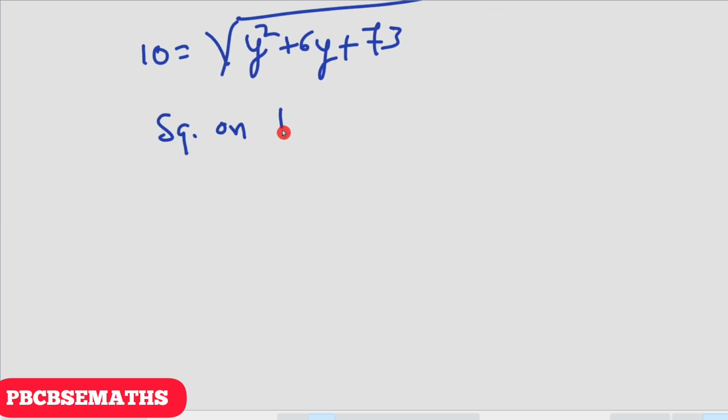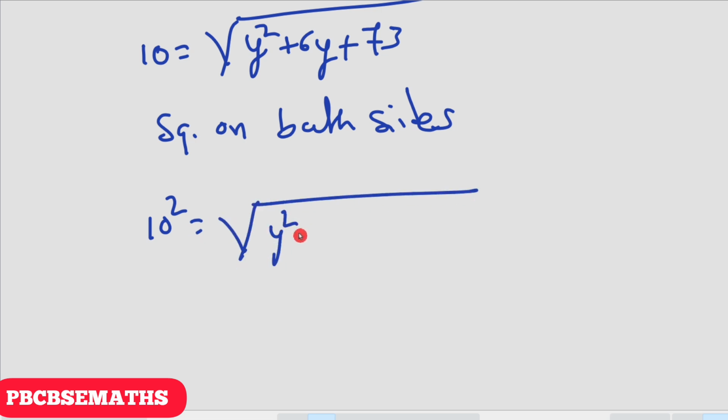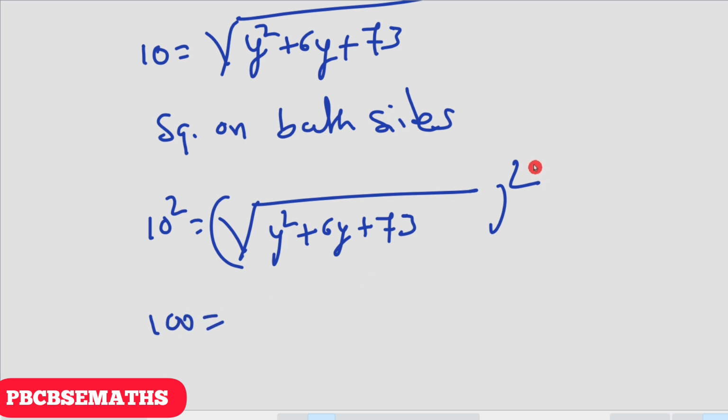Now let's square on both sides. Then we have 10 square is equals square root of y square plus 6y plus 73 whole square. Here on the LHS, 10 square value is 100 is equals to, here we can cancel the square and root. So we have y square plus 6y plus 73.